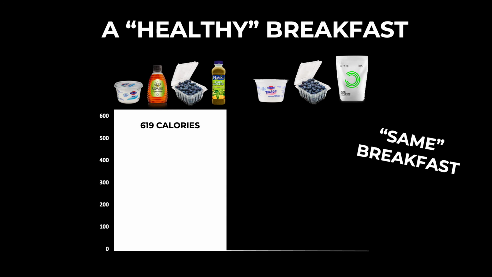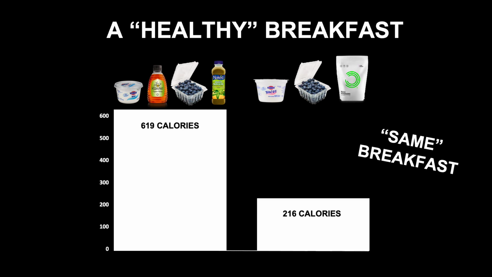And all we've done is swap regular yogurt for 0% yogurt, so a lower calorie option. They taste pretty much the same. We've taken out the honey and we've kept the blueberries, so you have the sweetness. And then we swapped a commercial sort of green drink with a bulk powdered green drink that is less calorific than the commercial, the Naked product.